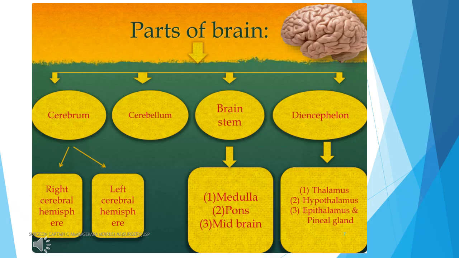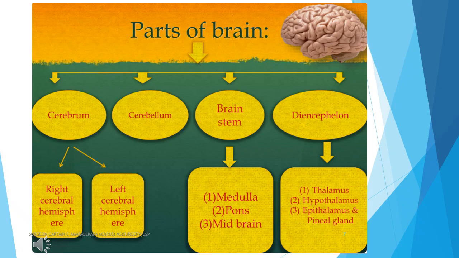Likewise, the brainstem contains the substantia nigra. It does the dopamine production, and lesions may cause Parkinsonism features. The brainstem has three parts: medulla, pons, and the midbrain.